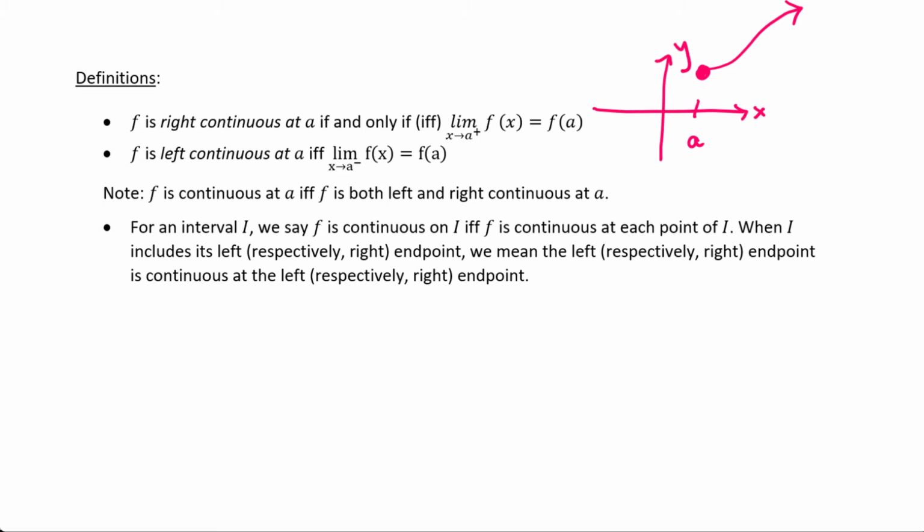Note that f is continuous at a if and only if the function is both left and right continuous at a. And for an interval I, we say f is continuous on I if and only if f is continuous on each point of I. When I includes the left or right endpoint, we mean that f is continuous from the right at the left endpoint, or from the left at the right endpoint, respectively.